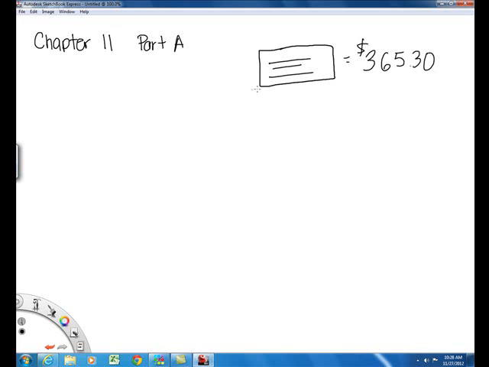To that balance, they're going to add our finance charge, or our fee for using the card. That fee is usually told to you as an annual percentage rate, and you have to put it in a monthly rate. All you have to do is divide it by 12, and it'll give you your monthly percentage rate.